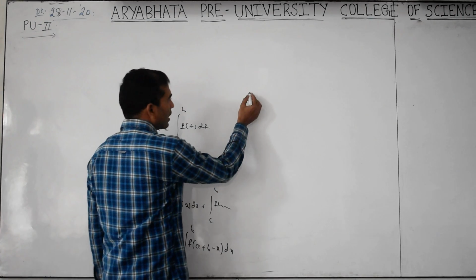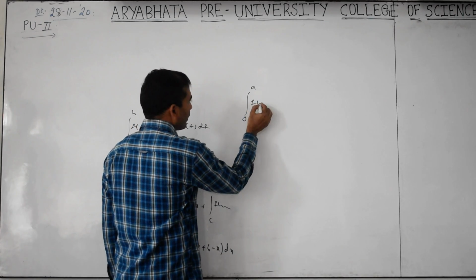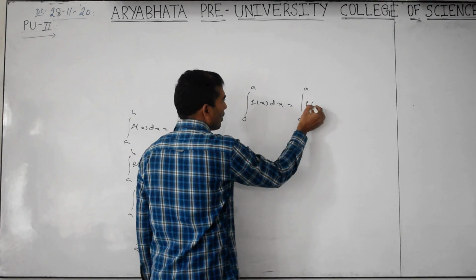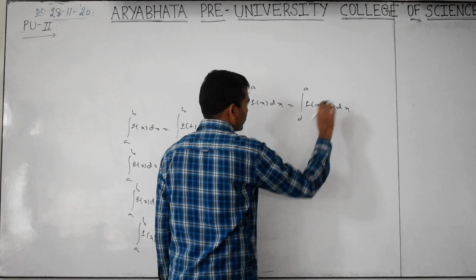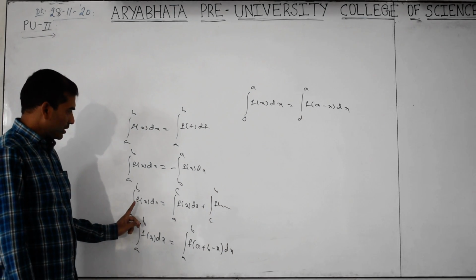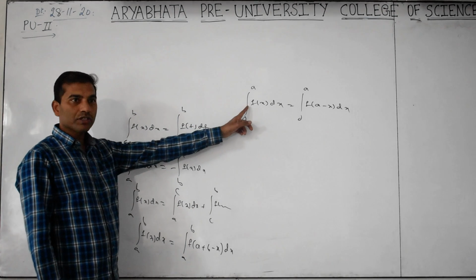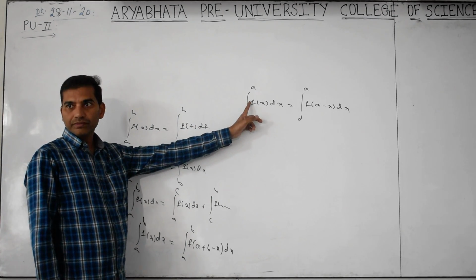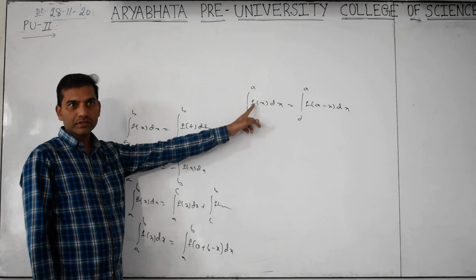And one more is integration of 0 to a f of x dx equals integration of 0 to a f of a minus x dx. Up to this we have proved. This is most important. This is what you have proved.